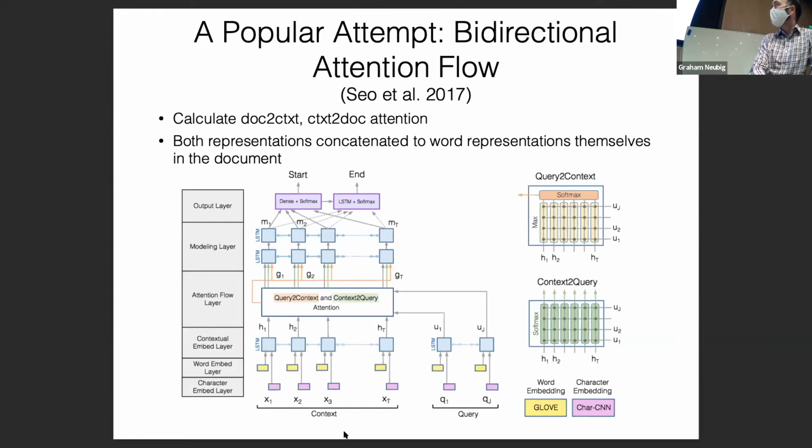So you would calculate the attention between the question and the document, then the attention from the context to the query, and the attention from the query to the context, and then concatenate all the representations together to make a prediction, particularly in span-based QA. So you'd predict the start and the end. This is a clever way you could formulate things.